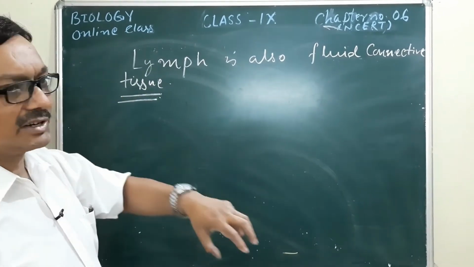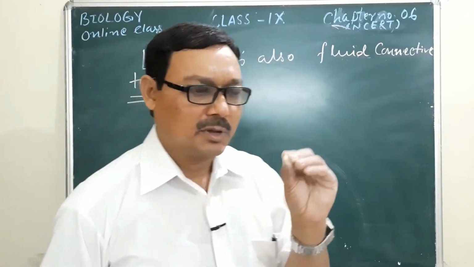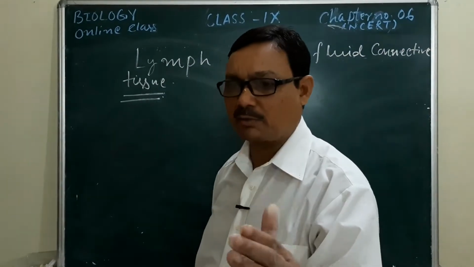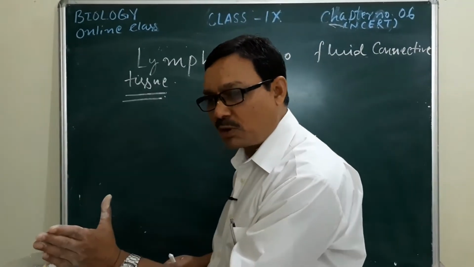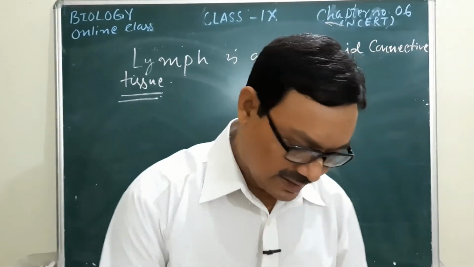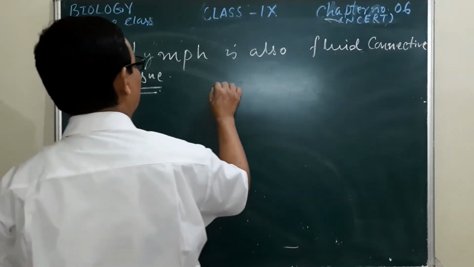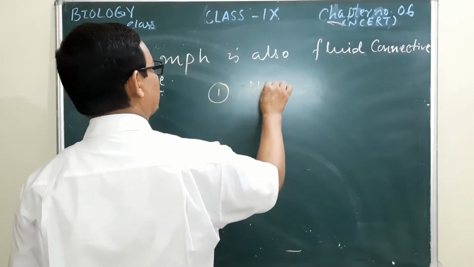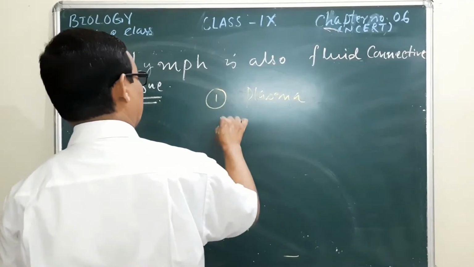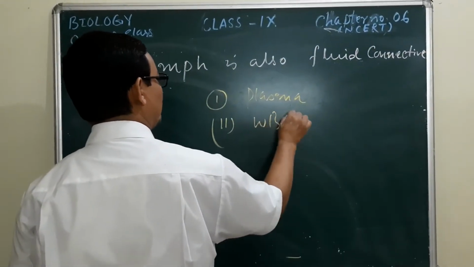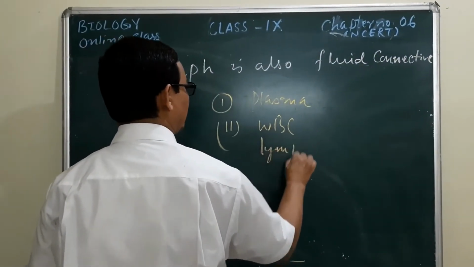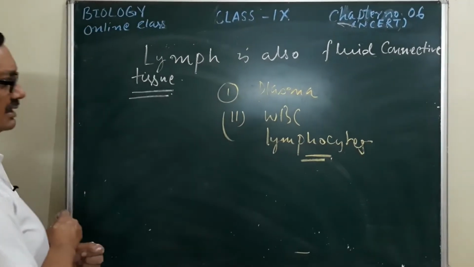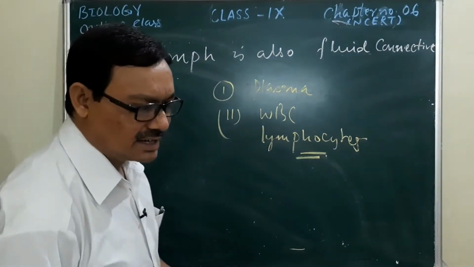From these capillaries, some components of the blood may escape out. What are the parts which escape out from the capillaries? That is plasma, number 2 WBC, where lymphocytes are dominant. Understand? But there is no platelet and no RBC.